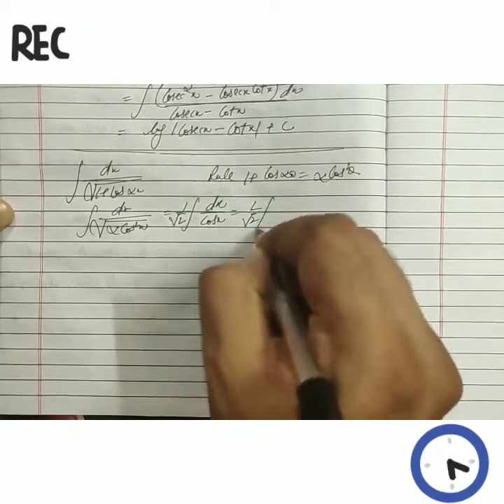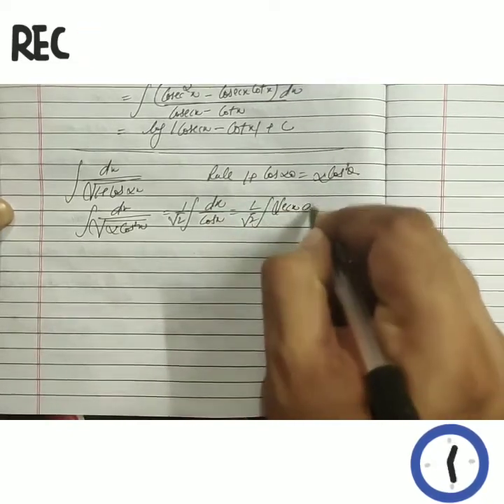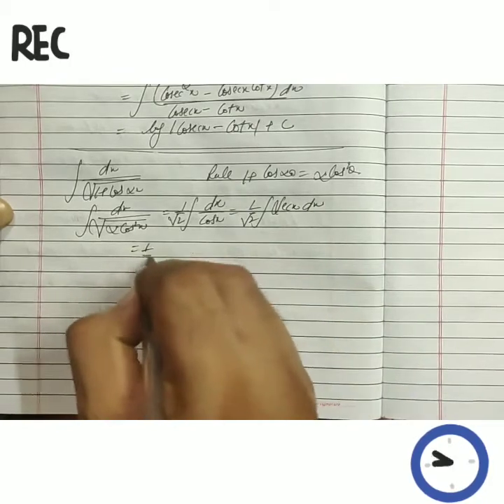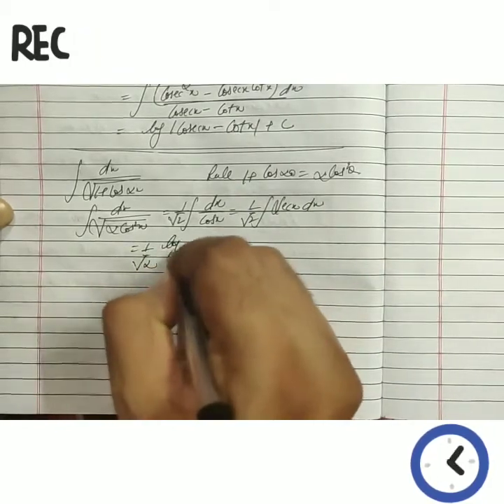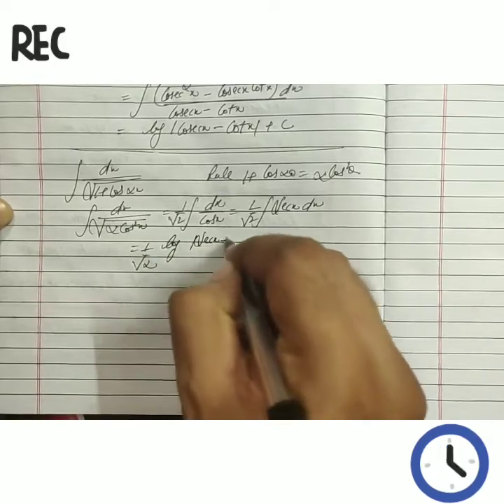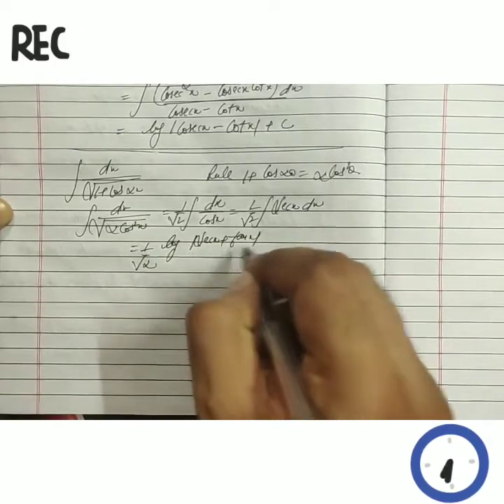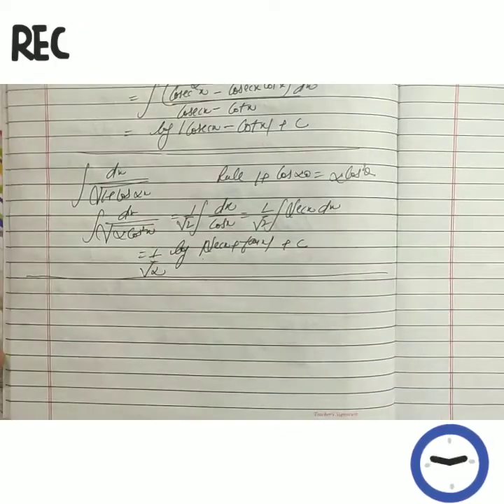Shifting upside, we get integration of secant x dx.